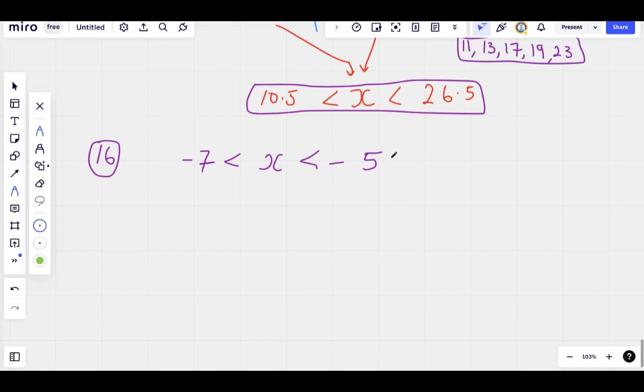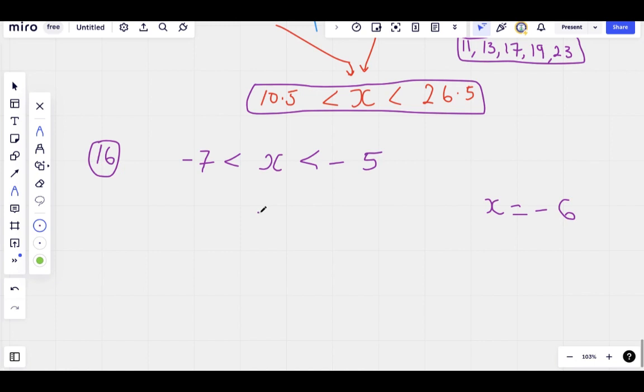What is the integer value of x? Both positive and negative numbers are integers, as long as it's a whole number. So x is less than negative 5, but greater than negative 7. Therefore, x equals negative 6.